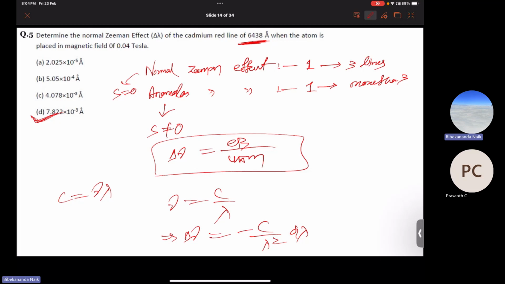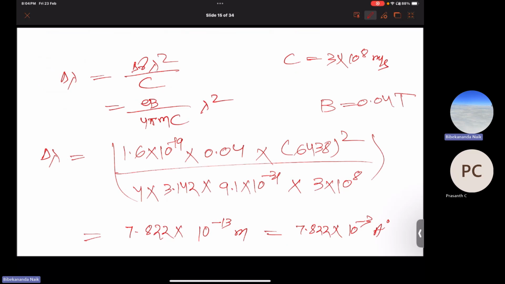For the spectral line, the velocity is the velocity of light, c, and the change in frequency is del nu equal to minus c by lambda square d lambda. So del lambda will be del nu lambda square by c, and we know del nu is eB by 4 pi m. So the change in wavelength will be eB by 4 pi mc into lambda square. All are constants, and we know the value of lambda, so we can easily calculate the change in lambda.